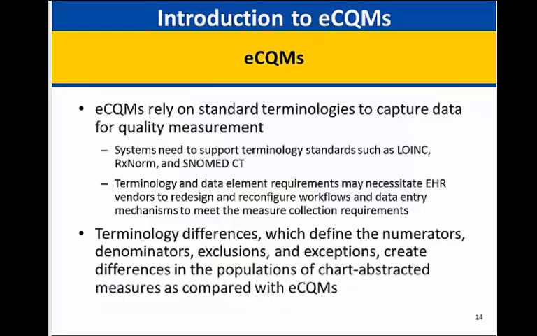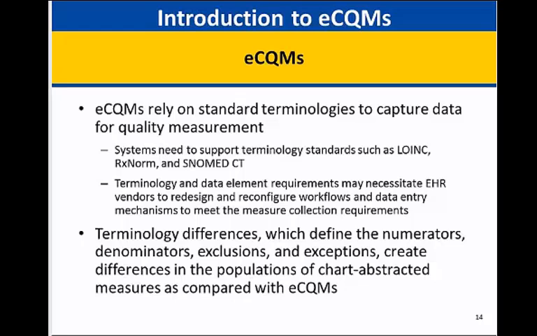Now, a little bit more about standard terminologies and value sets. Most measures already have standard terminologies that they use, mostly ICD-10 now, previously ICD-9, and CPT codes, which are the Current Procedural Terminology from the AMA. And they're still used to define clinical concepts in quality measures.